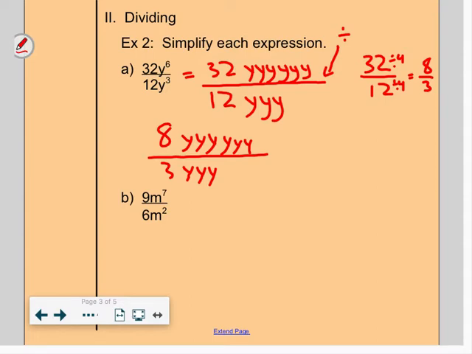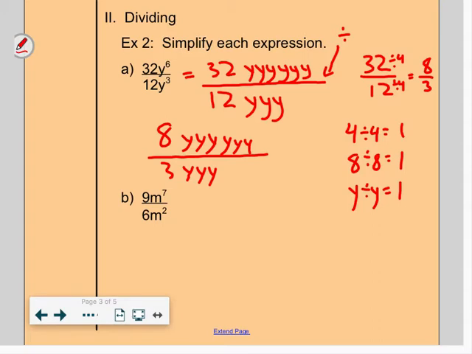So think about this. What's y divided by y? Forget about that for just a second. What's 4 divided by 4? Well, it's 1. What's 8 divided by 8? Well, it's 1. What's y divided by y? Well, y goes into y one time, cancels, and it turns into a 1.